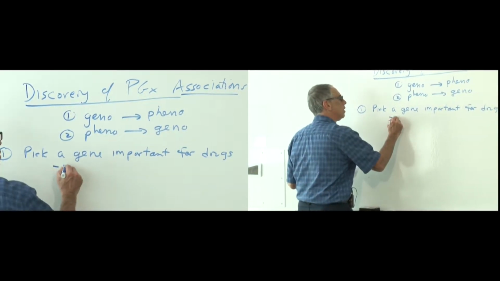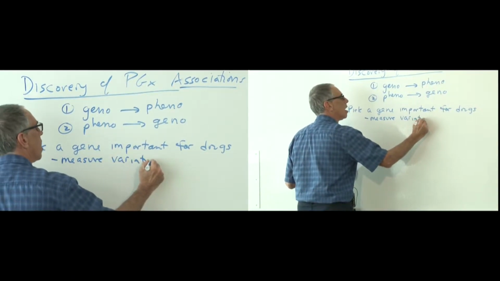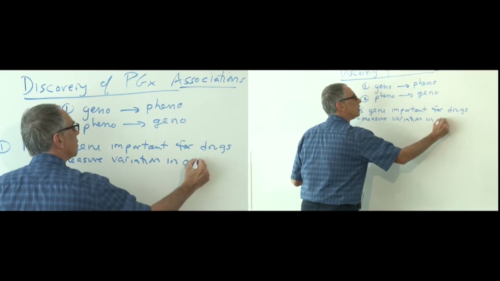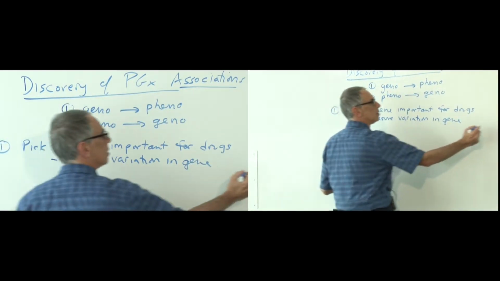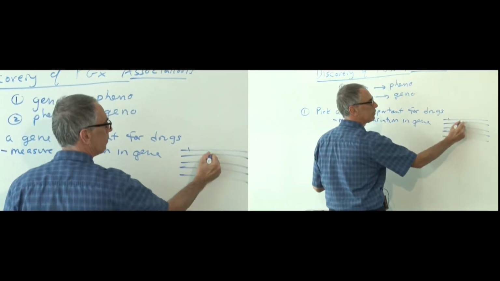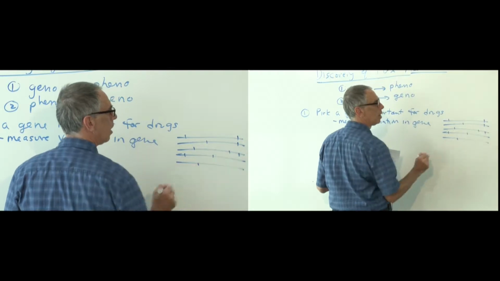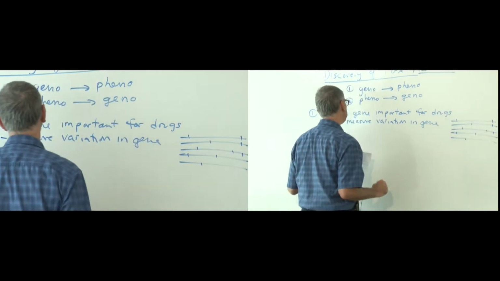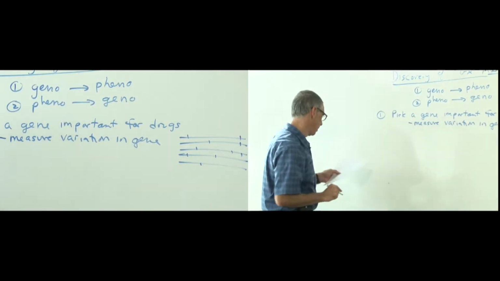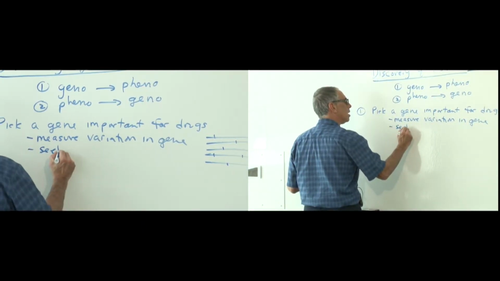You measure variation in that gene. You sequence it a bunch. Here's a lot of individuals, and I'm looking for where they have variants, either common, there's a common one, or rare.